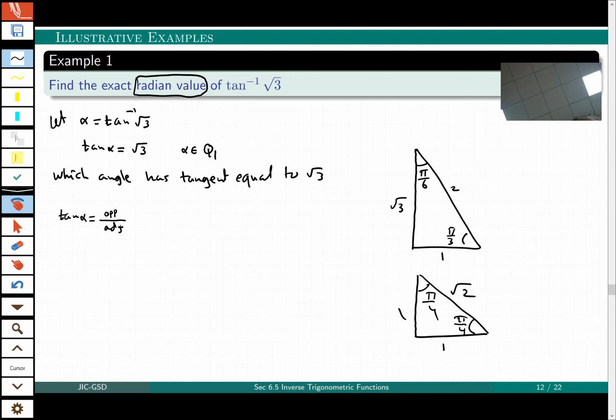Which one has opposite root 3? Definitely pi over 3 has opposite root 3 over adjacent 1. So alpha is equal to pi over 3, and that means tan inverse of root 3 is equal to pi over 3.